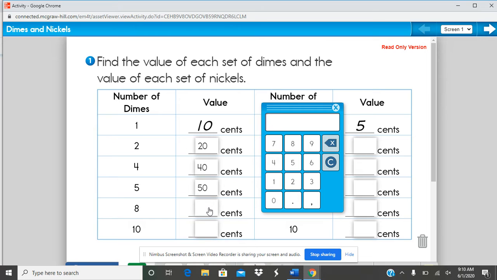Excellent. Now with tens, I don't actually have to sit here and count by tens. I can just take the number and say, okay, four tens, 40, five tens, 50. All I need to do is put a zero in the ones place and use this number as my tens place. So this is eight tens.